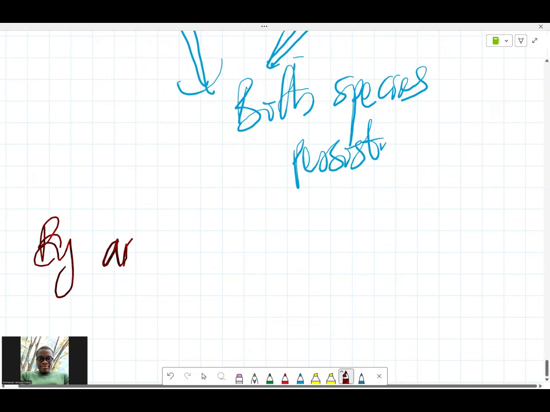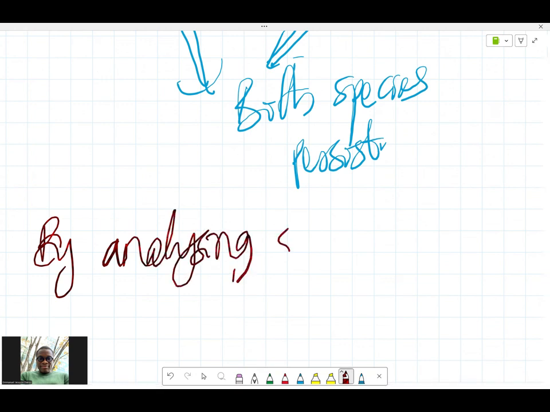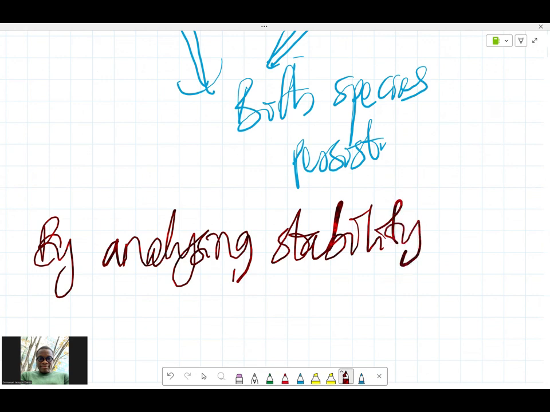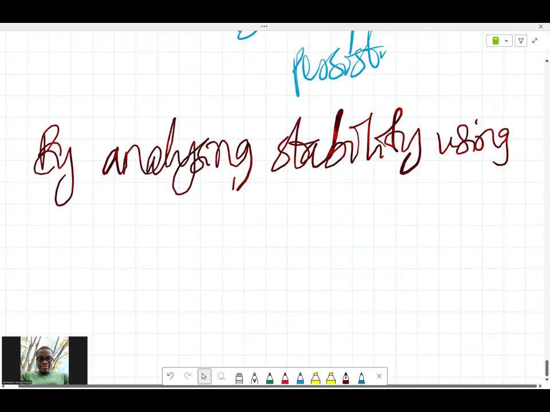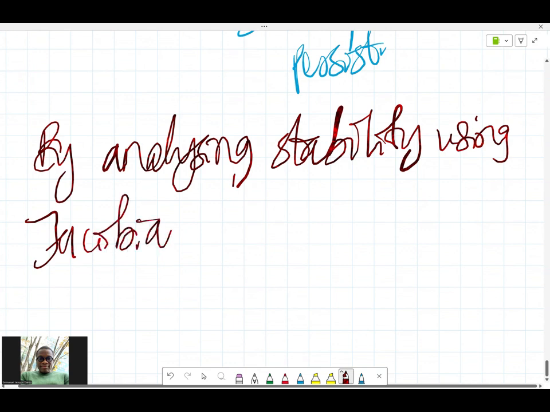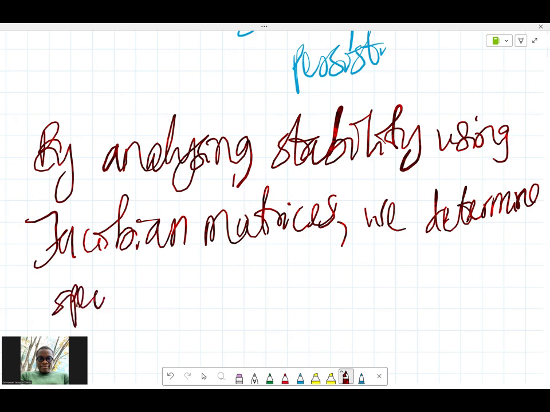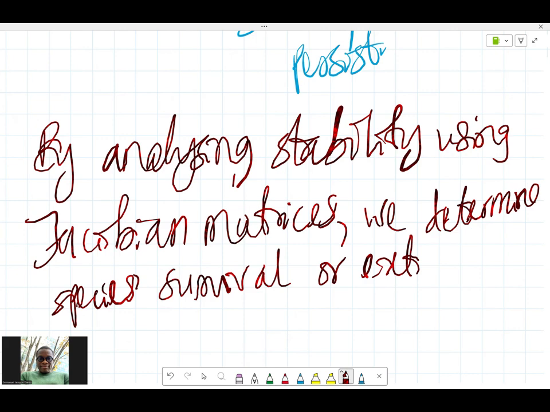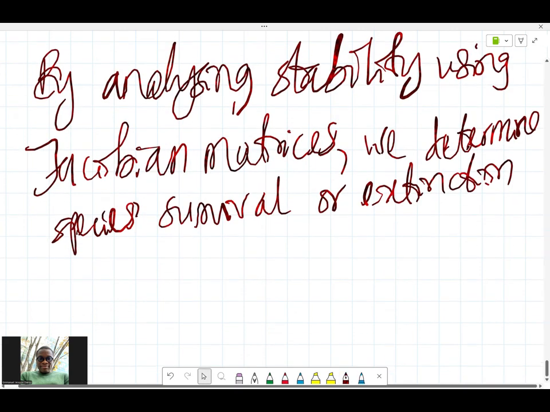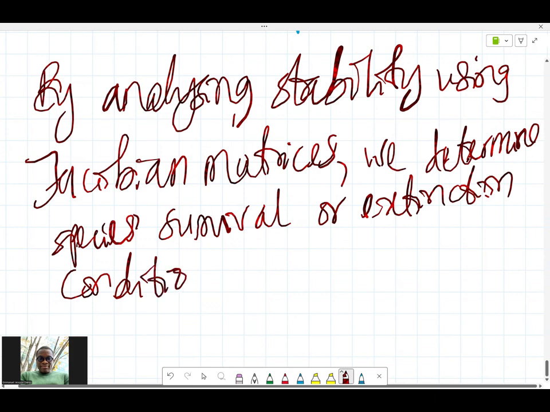By analyzing stability using Jacobian matrices, which I'm going to talk about maybe later, maybe not immediately in this playlist, but at some point down the line, we determine species survival or extinction conditions, talking about stability and the rest of that.